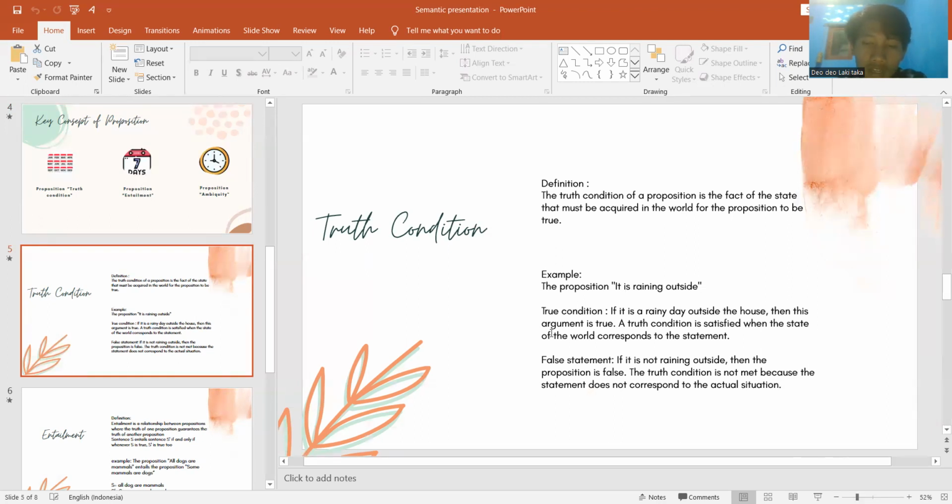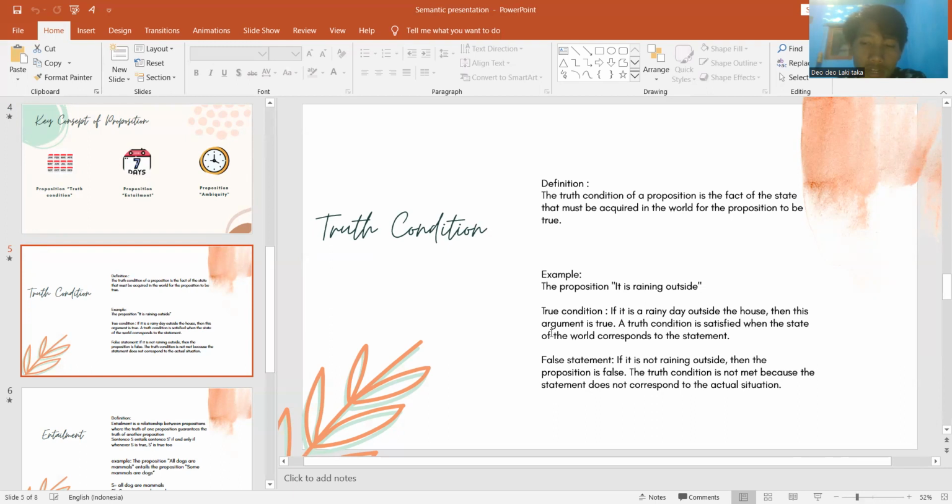The sentence has two cases, a true condition and a false statement. True condition: if it is a rainy day outside the house, then this argument is true. A truth condition is satisfied when the state of the world corresponds to the statement. False statement: if it is not raining outside, then the proposition is false.